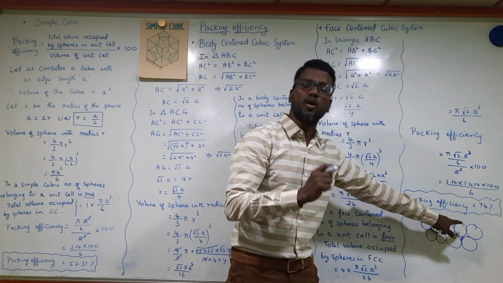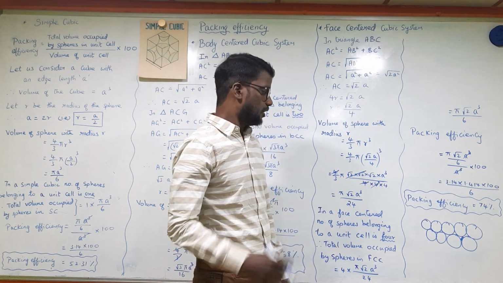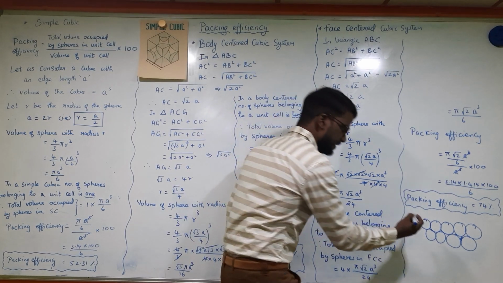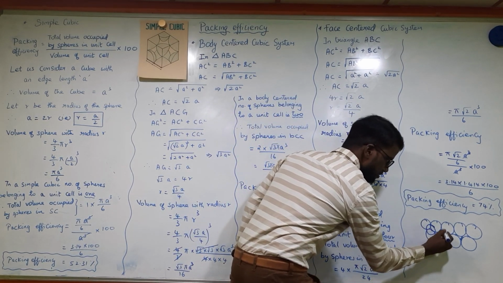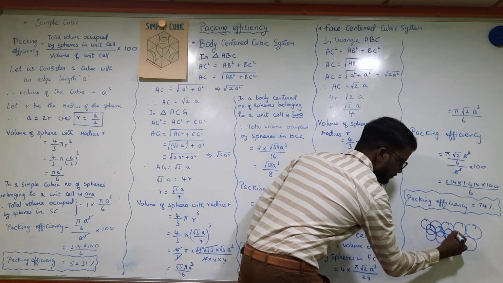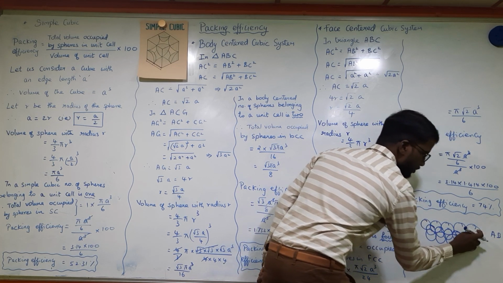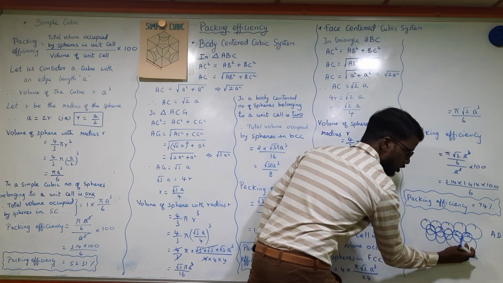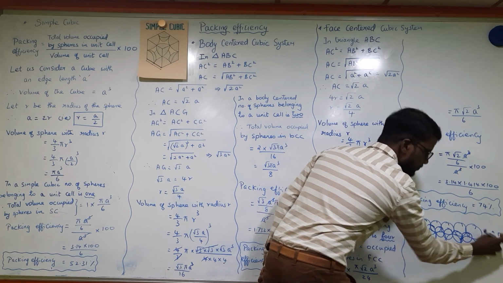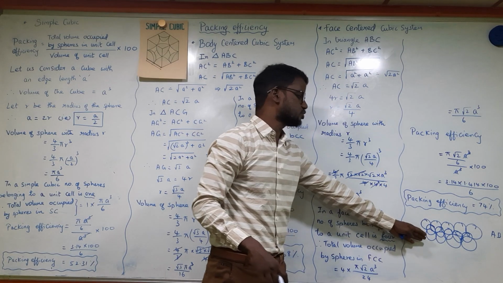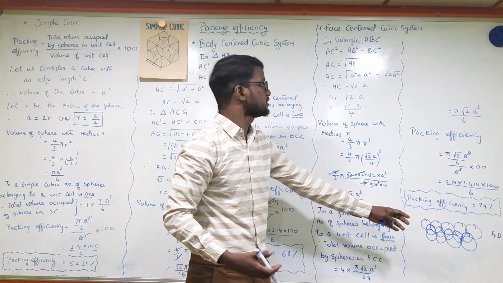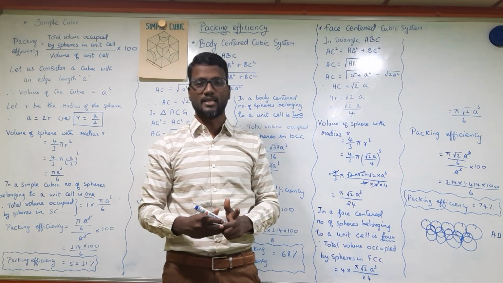The second layer's first ball is kept in the gaps present in the first layer. This gives rise to AB type, that is A row and then B row, which is a little different. This gives rise to the most efficient packing, the face centered cubic system.